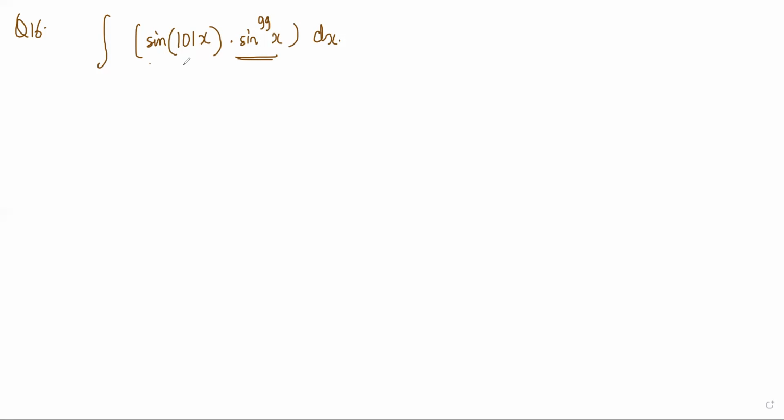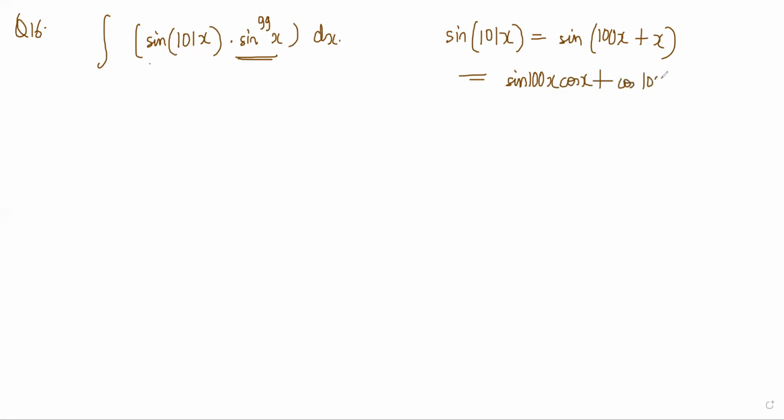I will get cos, then next step I'll get sine. So I need to integrate this function to come out of the loop. So what I will do is I will split the sine 101x as sine 100x plus x, which is equal to sine 100x cos x plus cos 100x sin x, right?